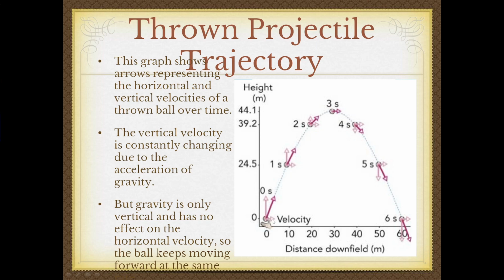Note that once the ball leaves this person's hand, it's at a pretty good upward velocity, but every single second that passes, that upward velocity shrinks. The arrow got smaller here, even smaller here, and now at 3 seconds, there just isn't an upward velocity at all. Because this point, the apex, is the point where you have accelerated to a standstill.